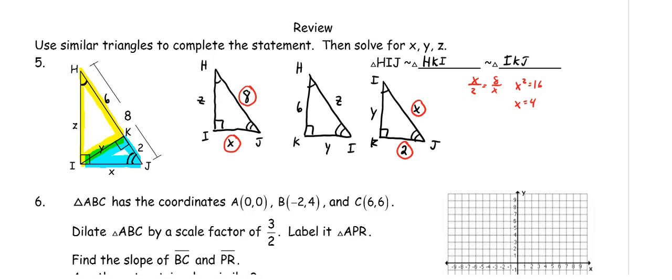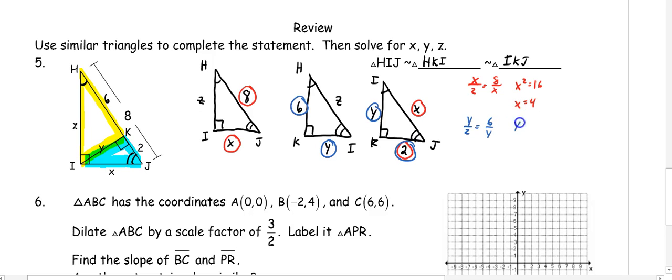To solve for y, the second and the third triangles both have y. So we would have y over 2 equals 6 over y, so y squared is equal to 12, so y is the square root of 12, which simplifies to 2 root 3.